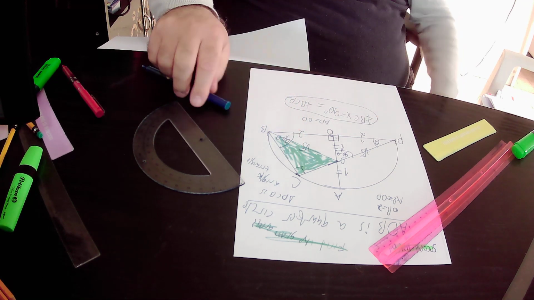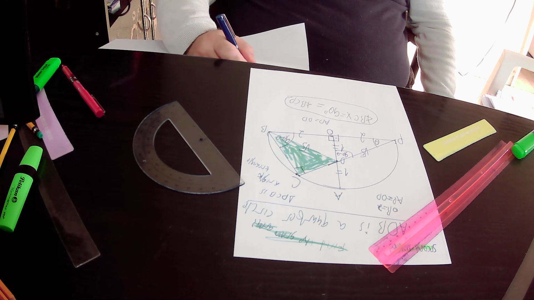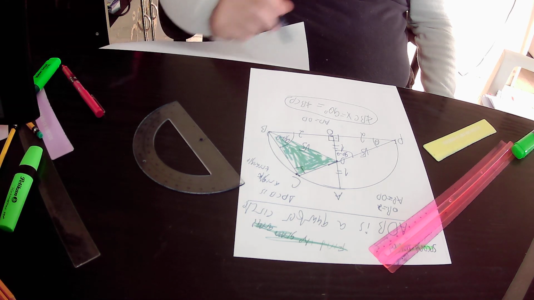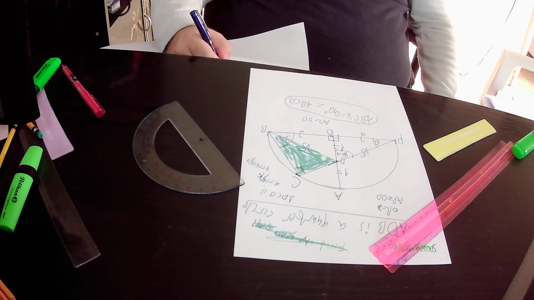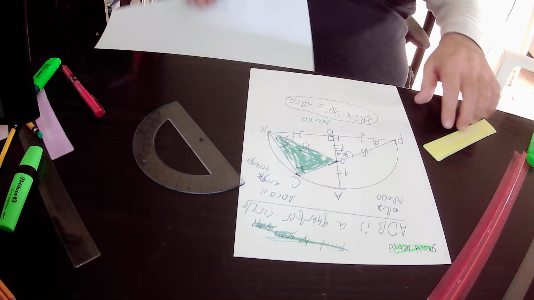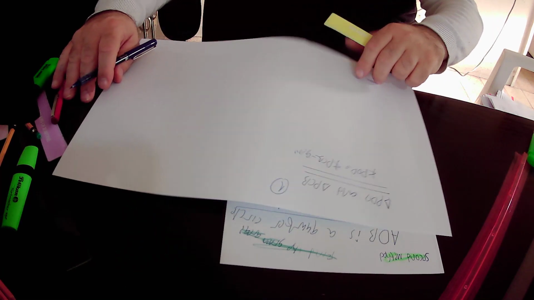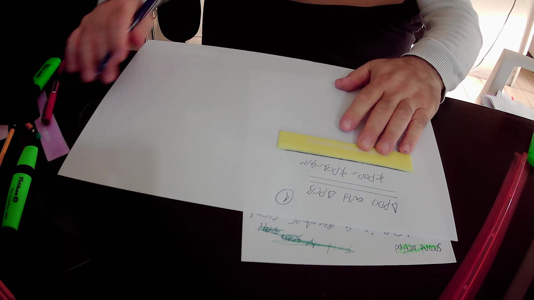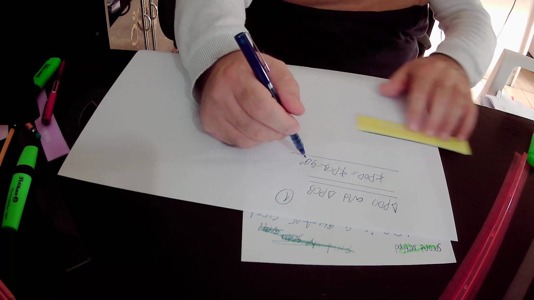Okay, so angle POD, this angle, equals angle PCB, this angle, and they are both equal to 90 degrees, therefore they are equal to each other. Repeat again. Angle POD equals angle PCB equals 90 degrees.